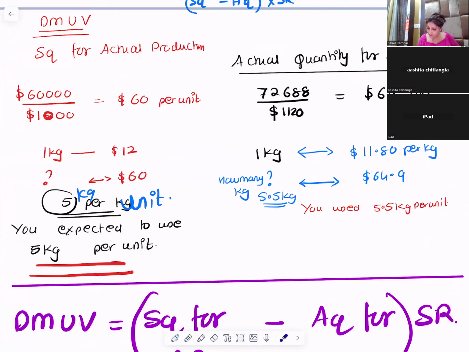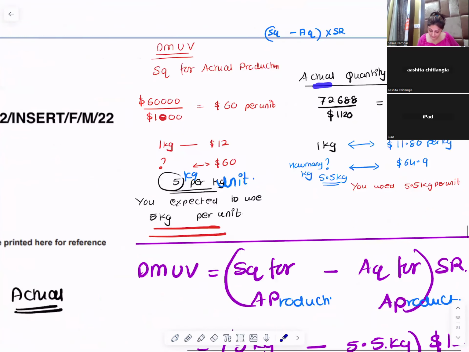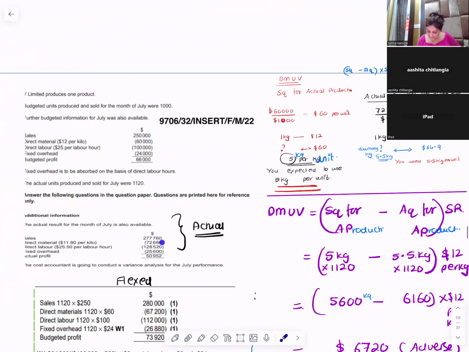Actual quantity for actual production. Now you go to your actuals. You have spent 72,688 for 1120 units. That means per unit your material cost is 64.9. Every kg is for 11.80, so again you cross multiply.